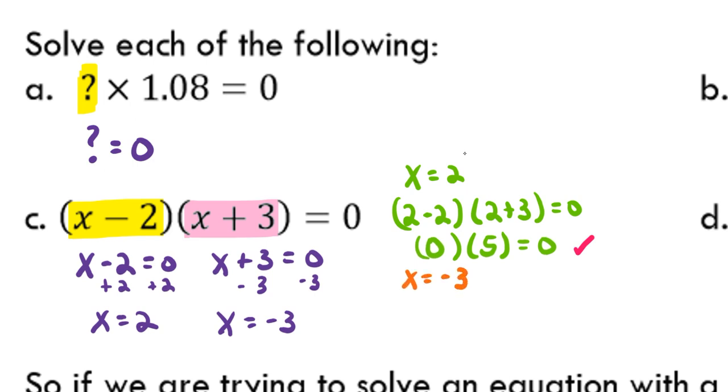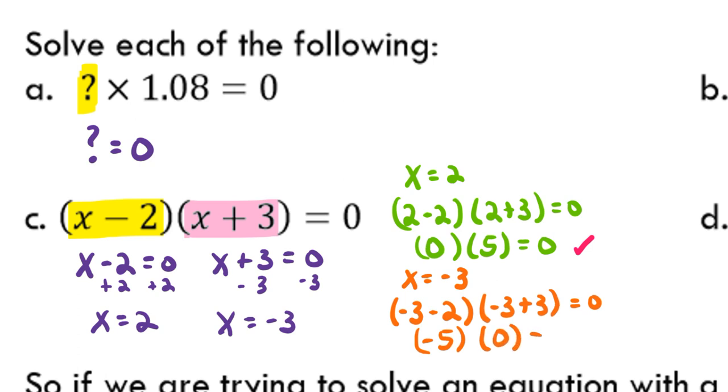Would that also make it true? In that case, we're replacing the x with negative 3. So negative 3 minus 2 would be our first parentheses, and our second parentheses would be negative 3 plus 3. Our first parentheses would come out to negative 5, and our second parentheses would come out to 0. So again, negative 5 times 0 does equal 0, so that would make it true.